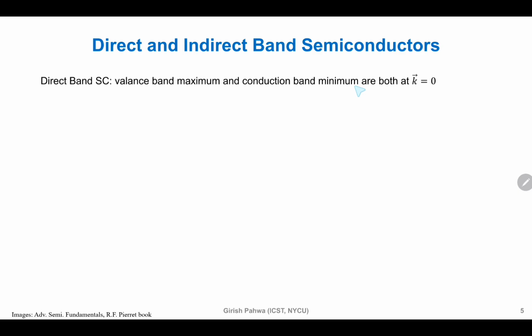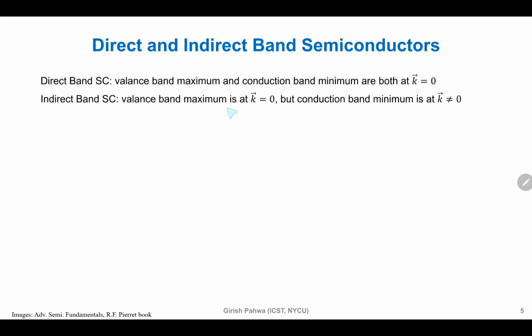Then we call that semiconductor a direct band semiconductor. If the valence band maximum is at k equal to 0 and the conduction band minimum is at k not equal to 0, then we call that an indirect band semiconductor.